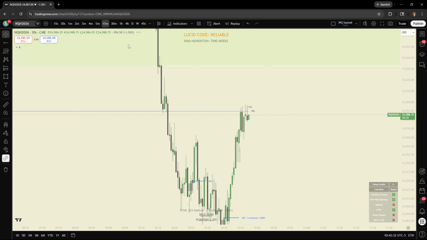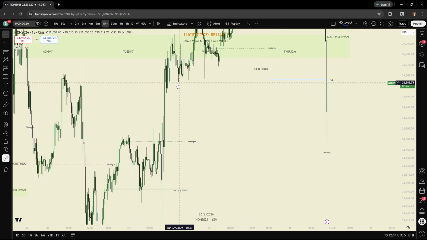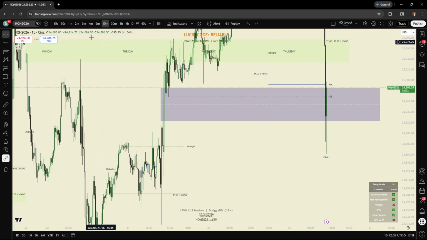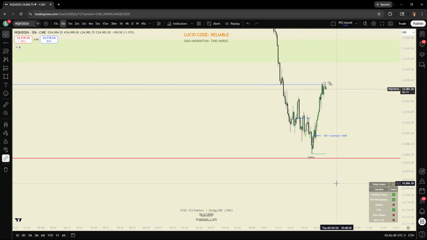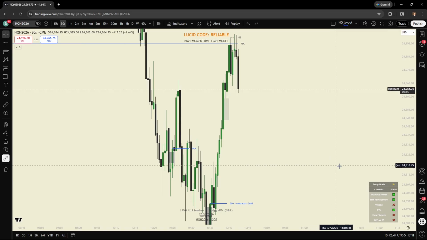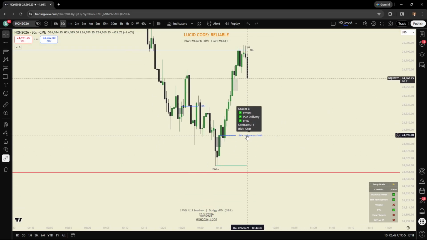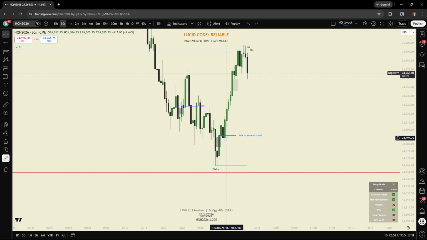The reason was that we continue to hold that 15-minute gap, and that delivery there is pretty significant after a big move down. To me that was break even, 25 points. It is what it is.